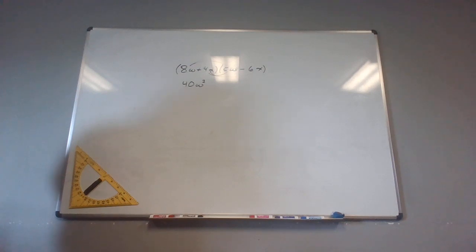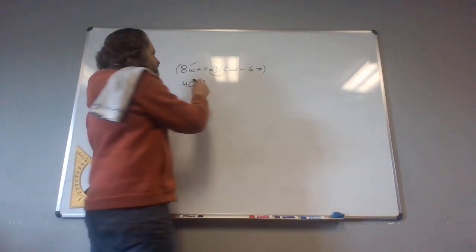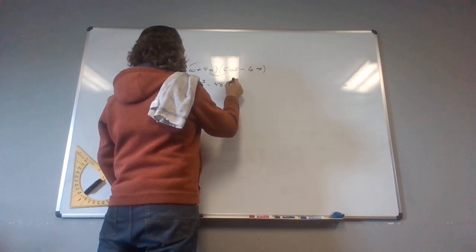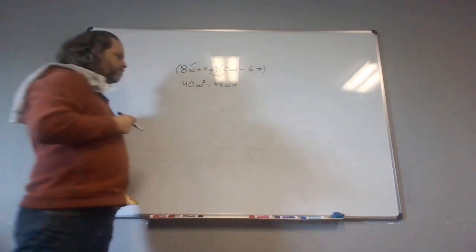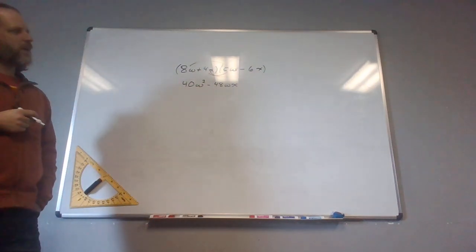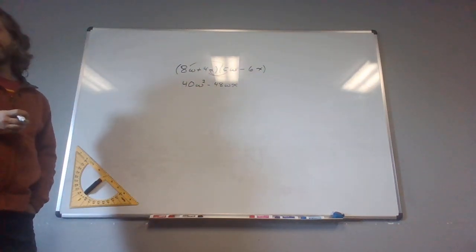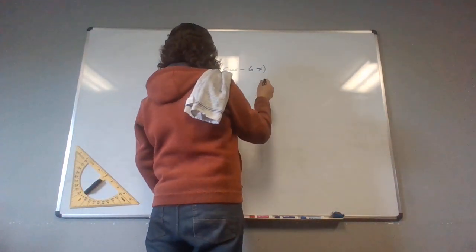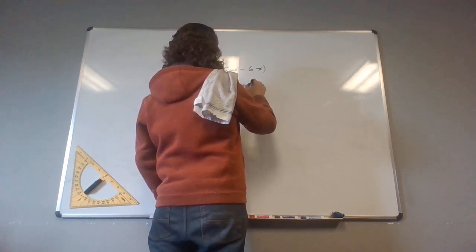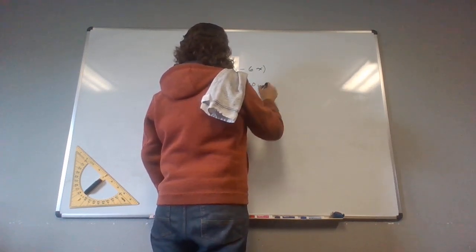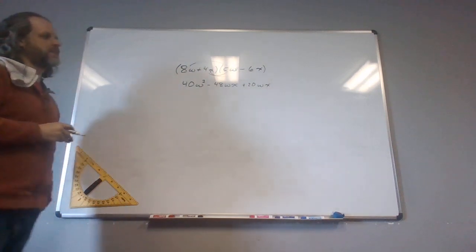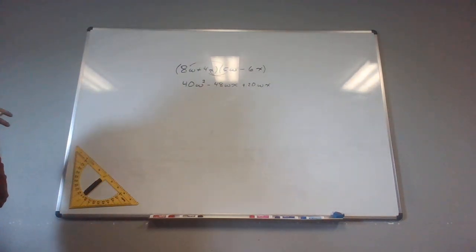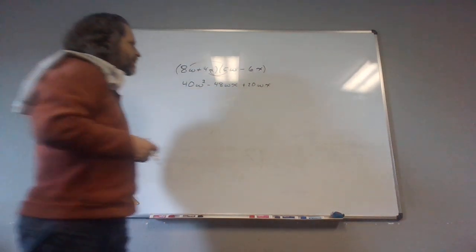Negative 48wx. What is 4x times 5w? 20xw. I'm going to do wx for matches. But, yes. Commutative property. What's 4x times negative 6x? Negative 24x squared.